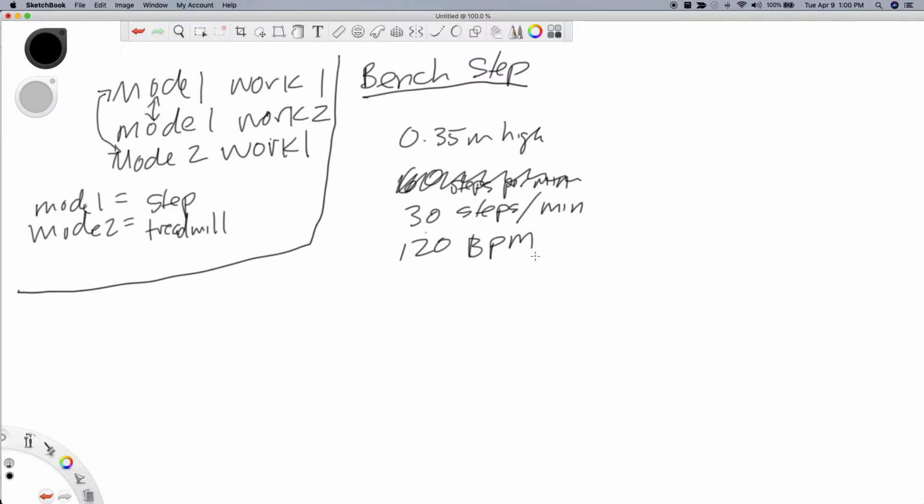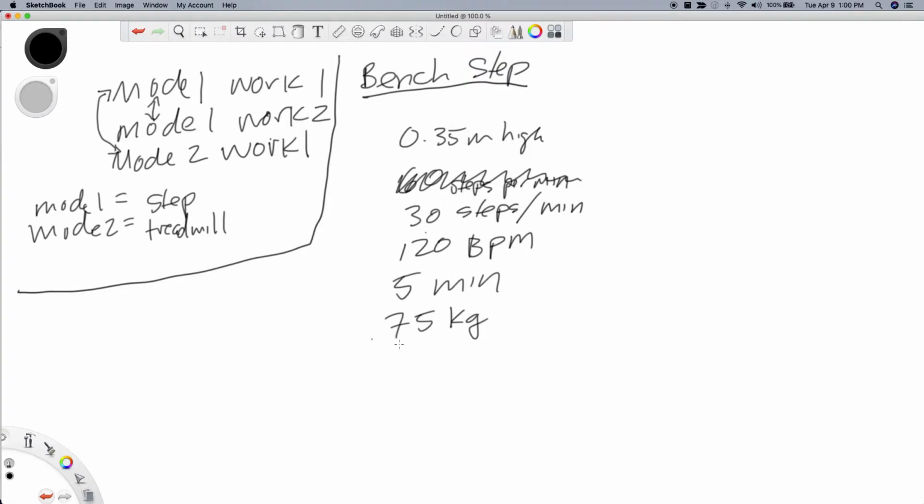Because we're only measuring vertical distance covered, we're only going to measure the distance climbed. That would be at a rate of 30 steps per minute. So say you did this for 5 minutes and an individual weighs 75 kilograms. Now you have weight, which we're going to use for our force calculation.